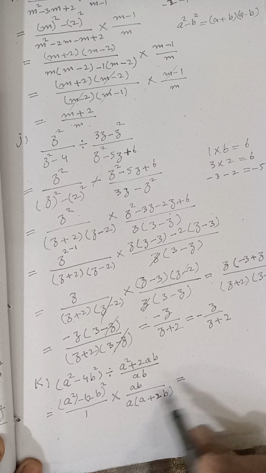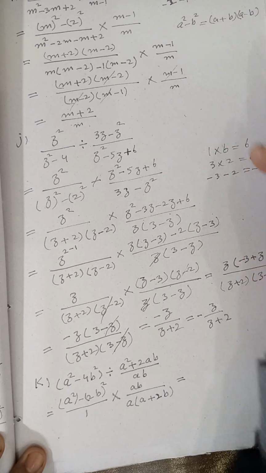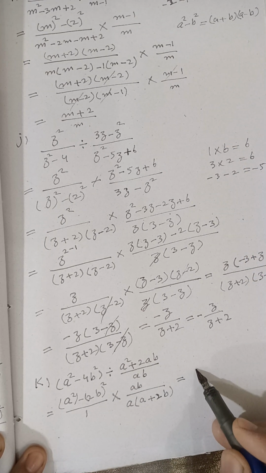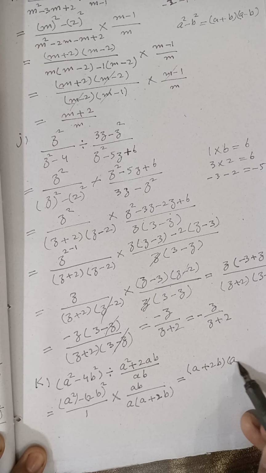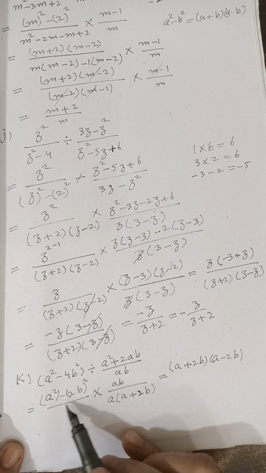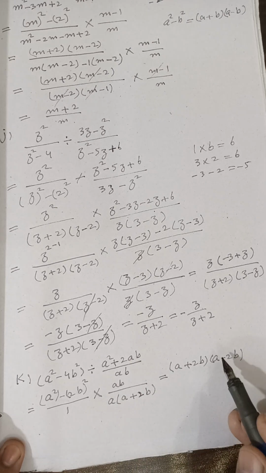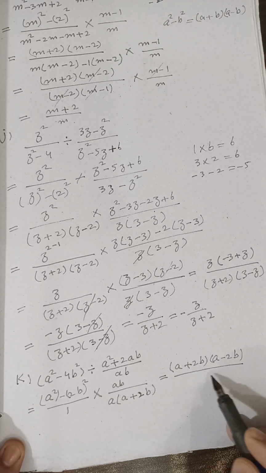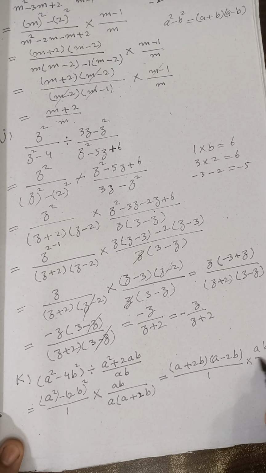Now after applying the identity a square minus b square, it will become a plus 2b into a minus 2b, and this one is written like that, while its over is 1 here, and then multiplication ab over a into a plus 2b.